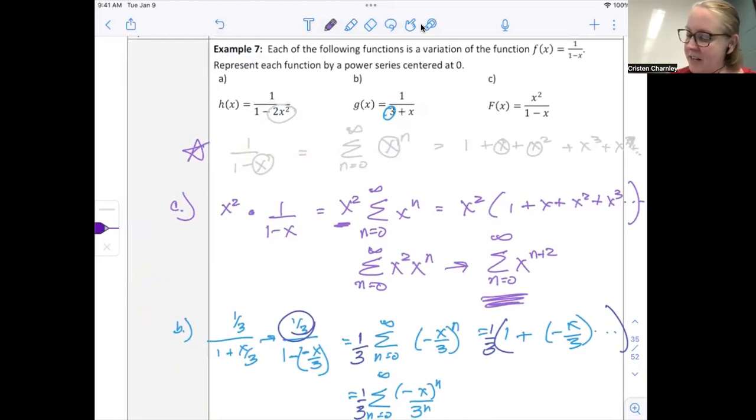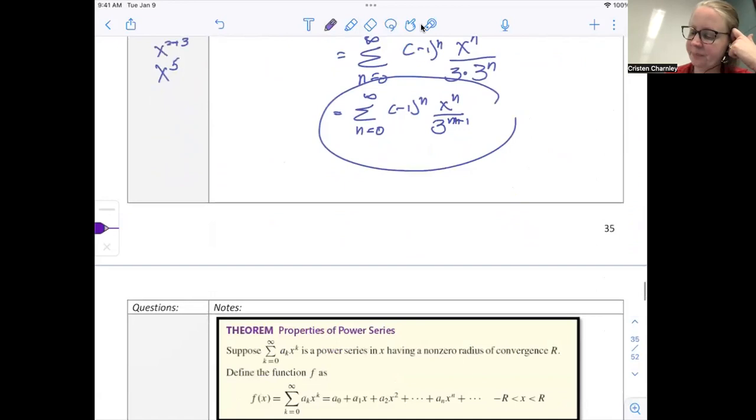Instead of starting at 0, they're saying, okay, let's start at 2, to infinity, and that this is just x to the n. You have to remember to do that. Cool if you can, but if you don't, it's not the end of the world.